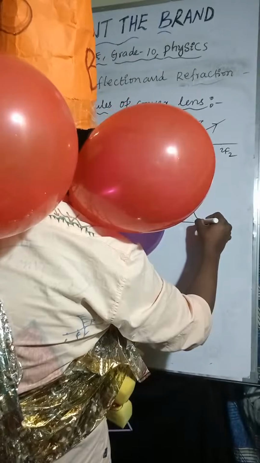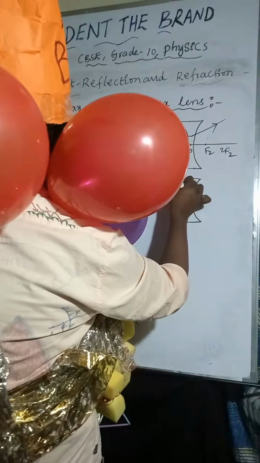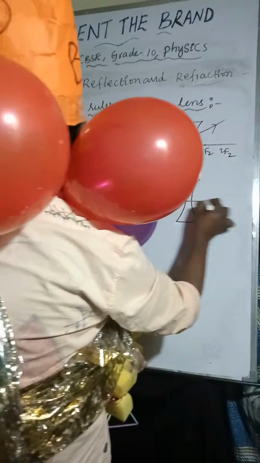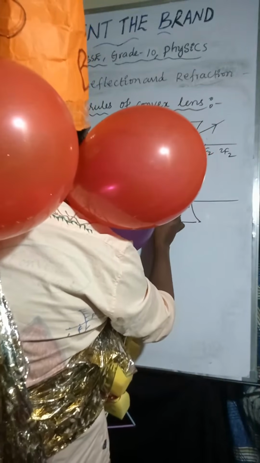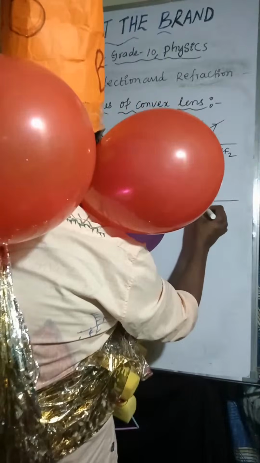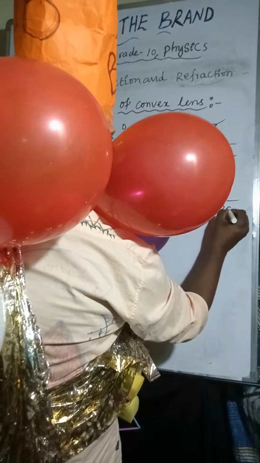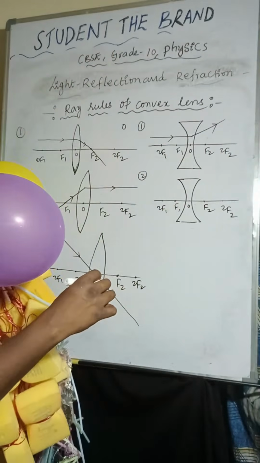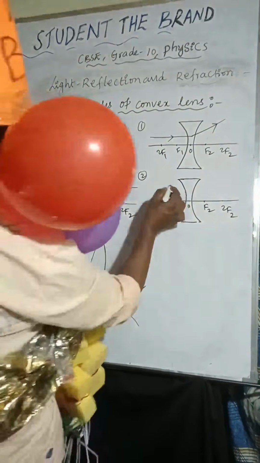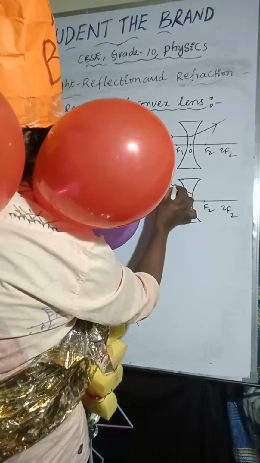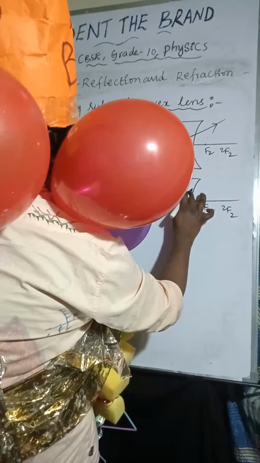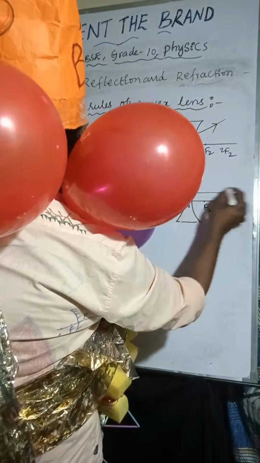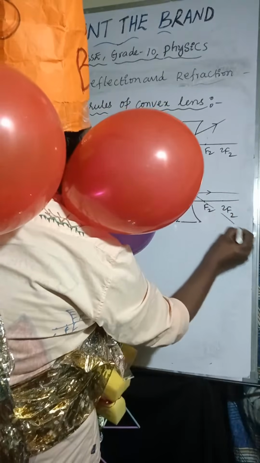Coming to the second one, so light ray is passing like this. Okay, optic center, F1, 2F1, F2, 2F2. Okay, so light ray is passing through focus. So like this, after that it passes like this.